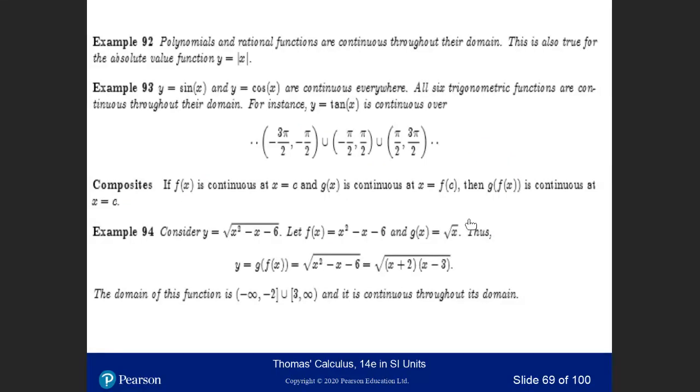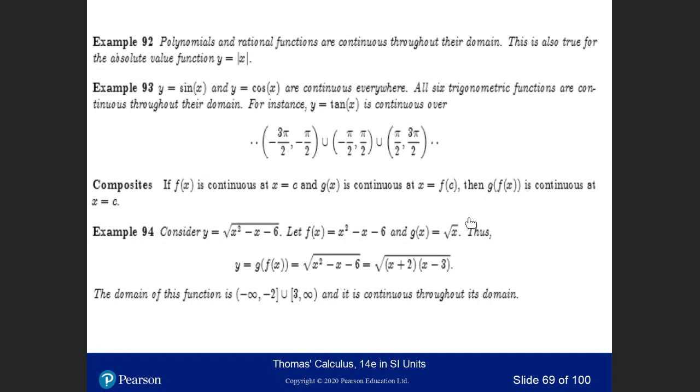Now the polynomials and rational functions are continuous throughout their domains. This is also true for the absolute value function, y is equal to absolute value of x. Sine x and cosine x are continuous everywhere because the domain is all real numbers. All six trigonometric functions are continuous throughout their domains.